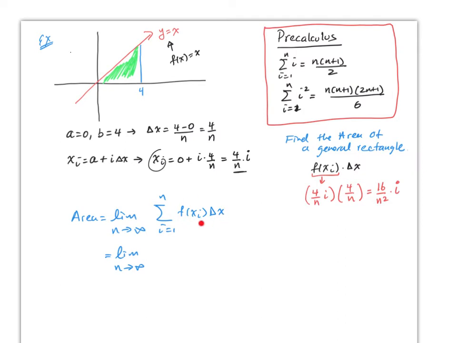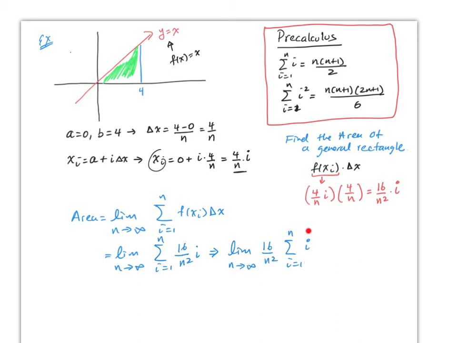Remember, this is equal to this. So it will be the sum from i equals 1 to n of 16 over n squared i. So therefore, this is the limit as n goes to infinity of 16 over n squared, because they don't depend on i, times the sum from i equals 1 to n of i.